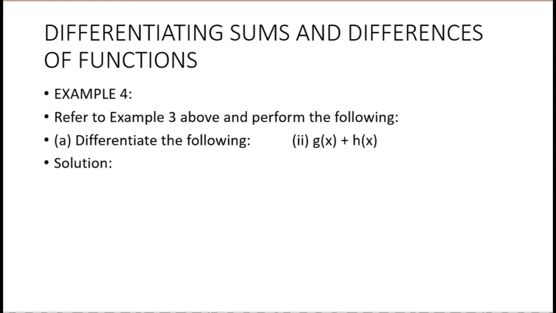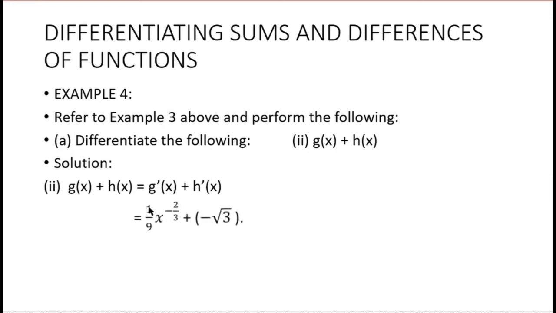Next, okay, differentiate g of x plus h of x. So ang ating solution ngayon doon ay g of x plus h of x equals to g prime of x plus h prime of x. And the g prime of x is 1 over 9x raised to negative 2/3 plus the derivative ng h of x, negative square root of 3.